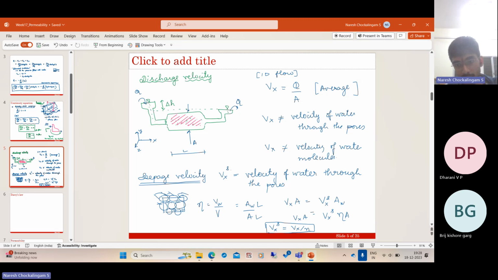So the seepage velocity is related to the discharge velocity by a factor of 1 by porosity. So this is one thing. Is this enough? No. Now we'll see further.